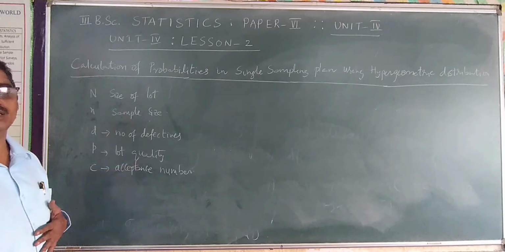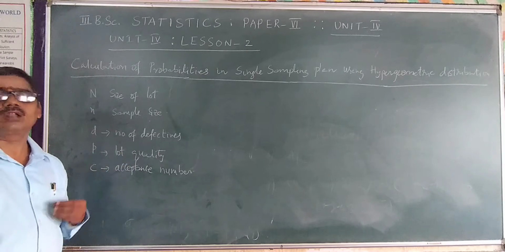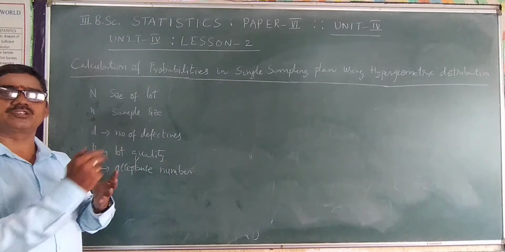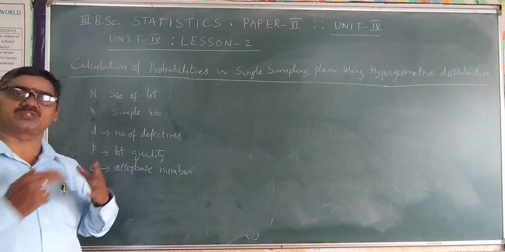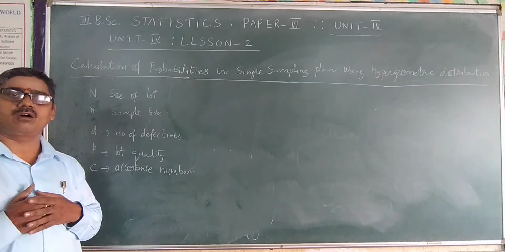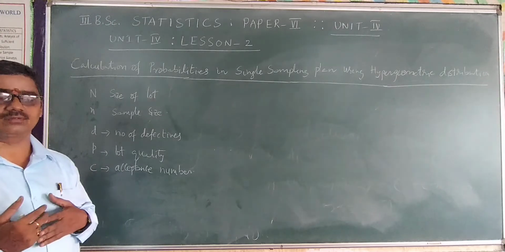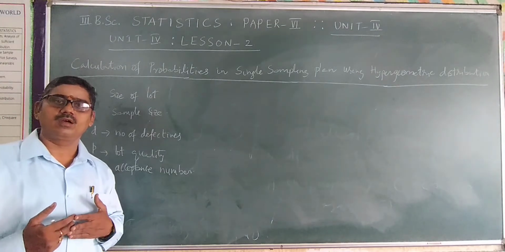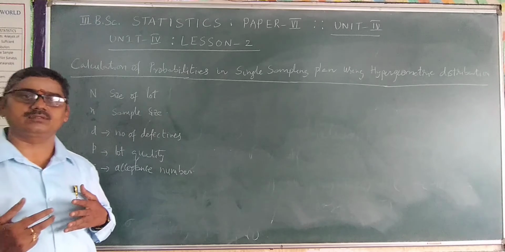This is the procedure, in which you now have to consider how to fit the hypergeometric distribution and how to calculate the probabilities one by one. What is the probability of getting a defective item? What is the probability of acceptance?